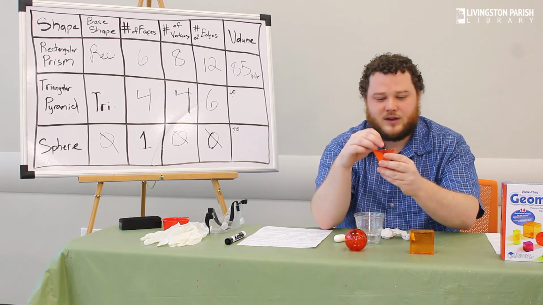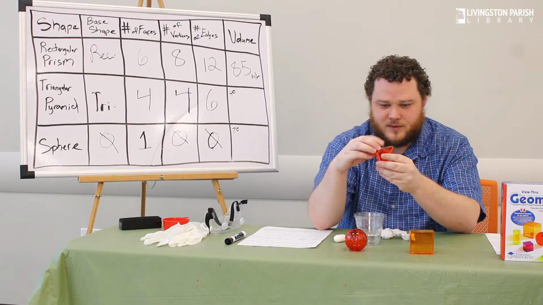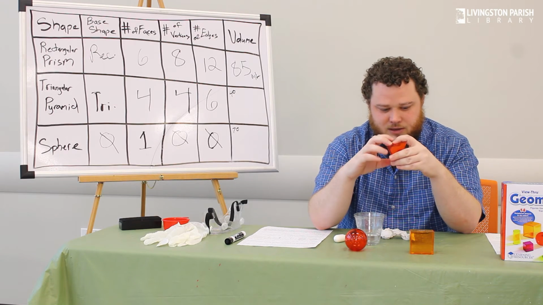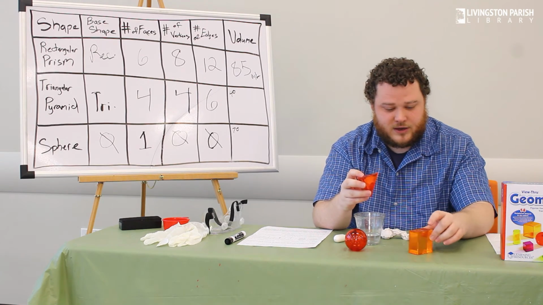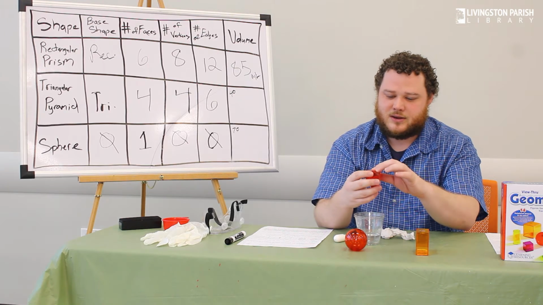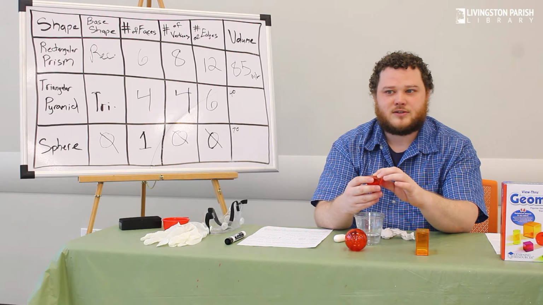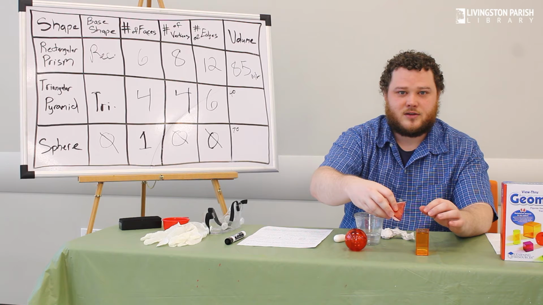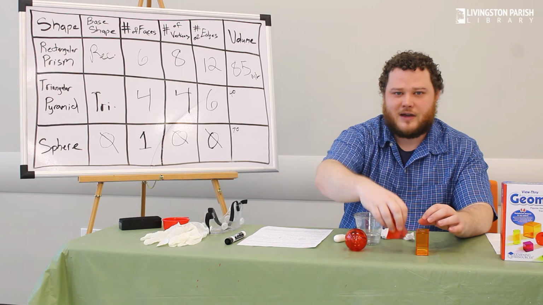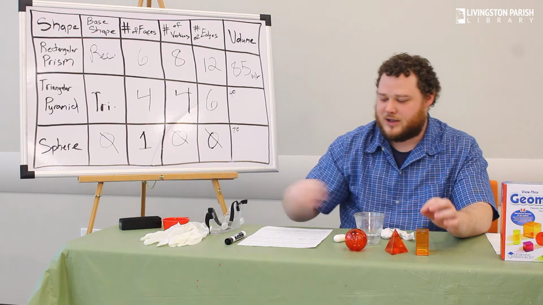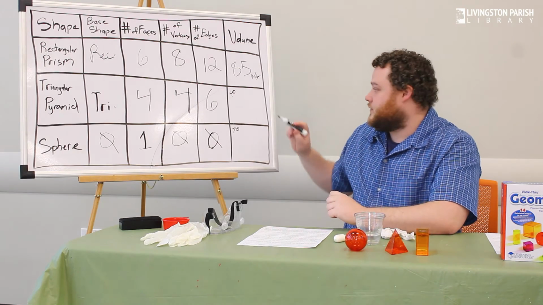Only 30 fit in our triangular pyramid. So we had 85 to fit in our rectangular prism. We had, what did I just say? 35? 30. 35. 35 fit in our triangular prism. I should have written it down first.